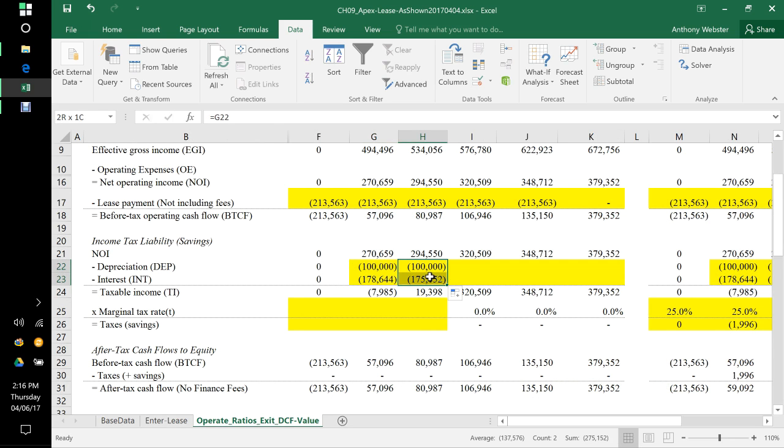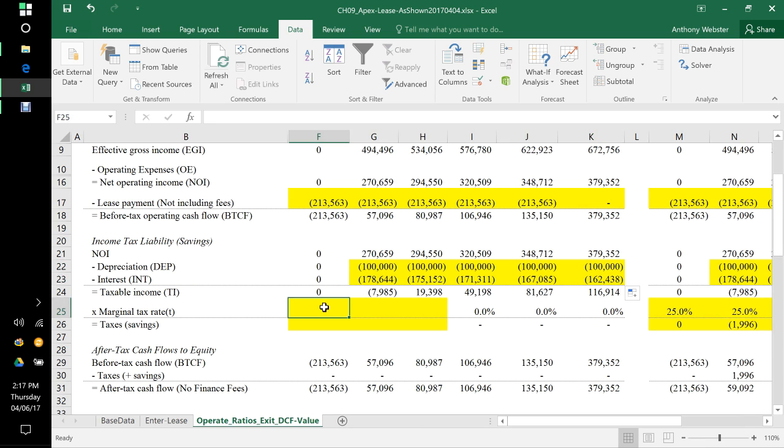Now I think I can fill all of these in. Okay, I did. This is the amount of interest that CMO did pay in year 5, and this is the depreciation that can be claimed for year 5. So I think that's all looking pretty good.